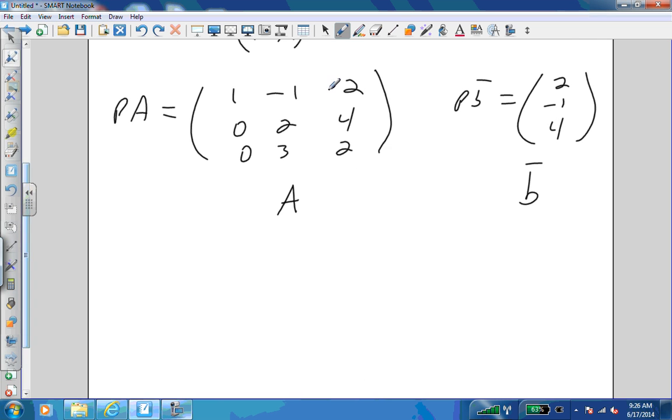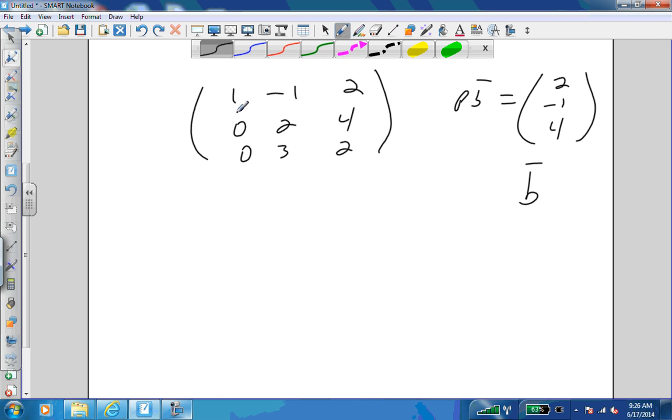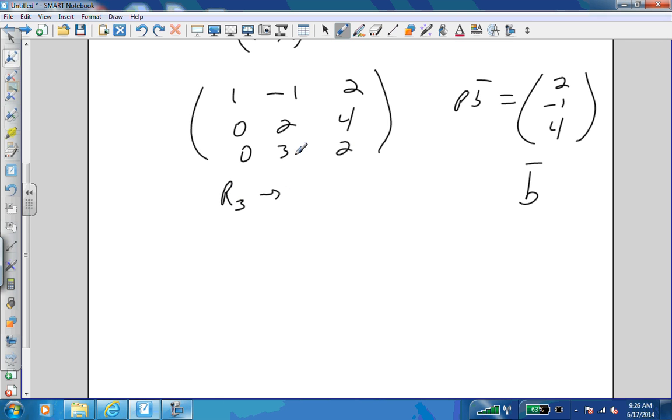So let's take our left side and let's put it in LU factorization. So we have zeros here. We need a 0 here. So our third row, we would need a negative 3 here added to that to make this 0.